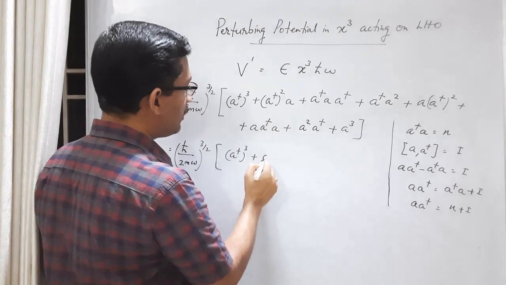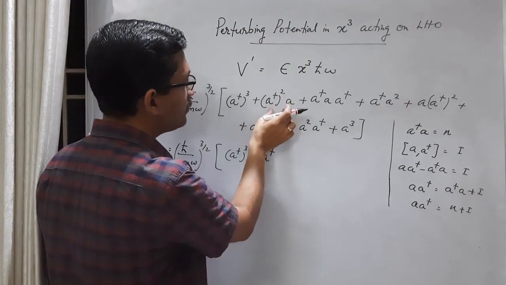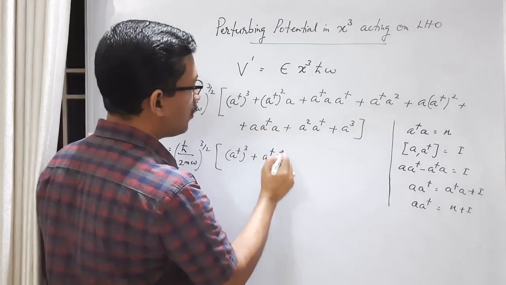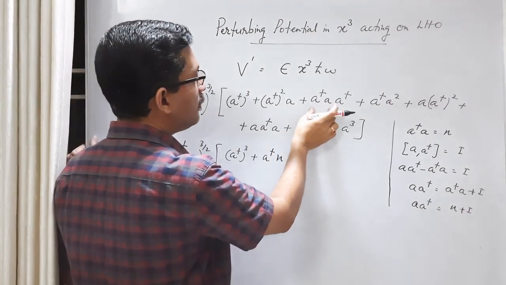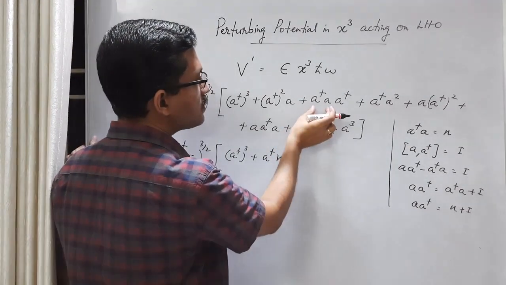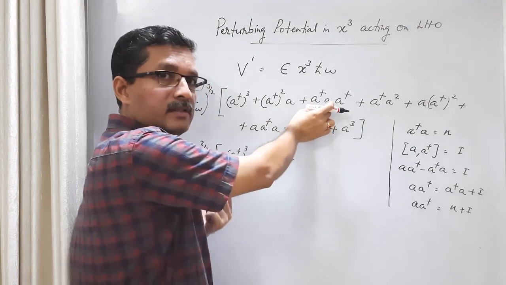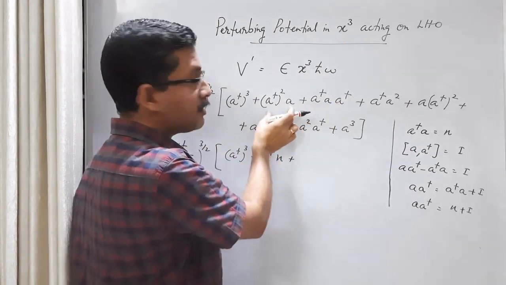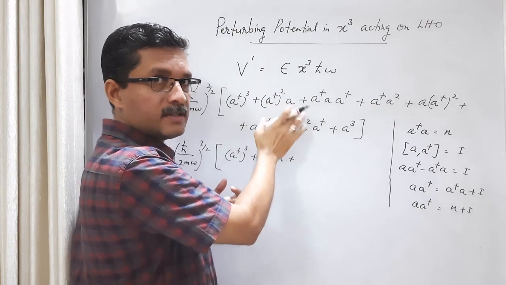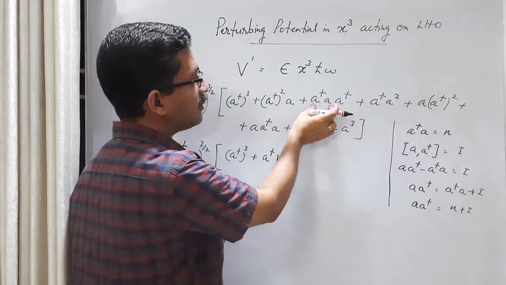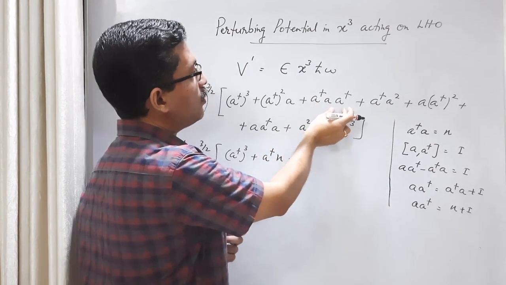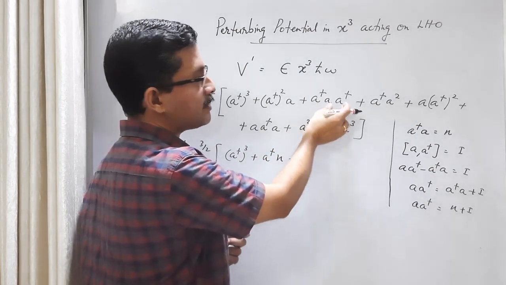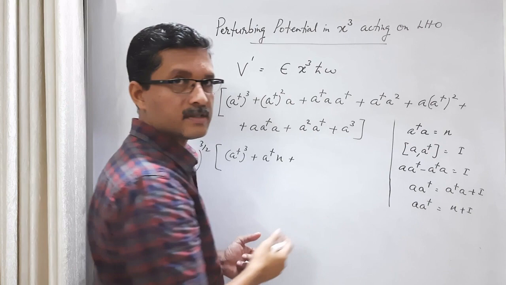The first a dagger I can keep as such, and the remaining a dagger a I can call n. Here we have two choices. Either a dagger a you can write in terms of n. Here there is no such choice, the only combination is a dagger a. Here you can either combine the first and second and say a dagger a is equal to n, or you can combine second and third and say a a dagger equal to n plus I.